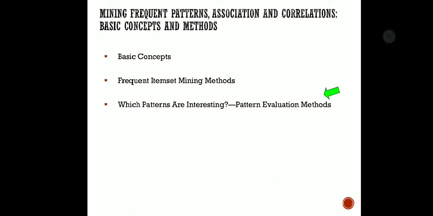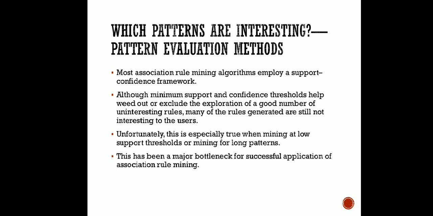Before that, we will see some of the drawbacks of just incorporating support and confidence here. Although minimum support and confidence thresholds help weed out or exclude the exploration of a good number of uninteresting rules, many of the rules generated are still not interesting to the users.